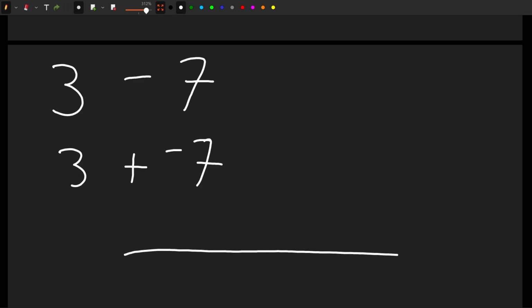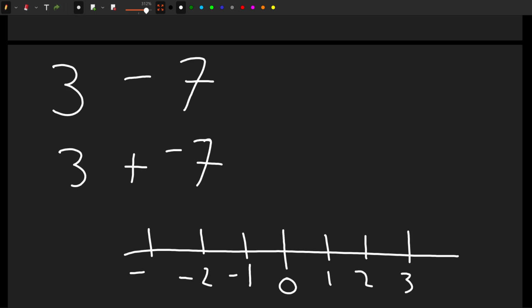I'm going to put 0 in the middle here, so we're going to get 0, 1, 2, 3, and then I'm going to go out a certain number of spaces on the negative side. Negative 1, negative 2, negative 3, negative 4, and negative 5.